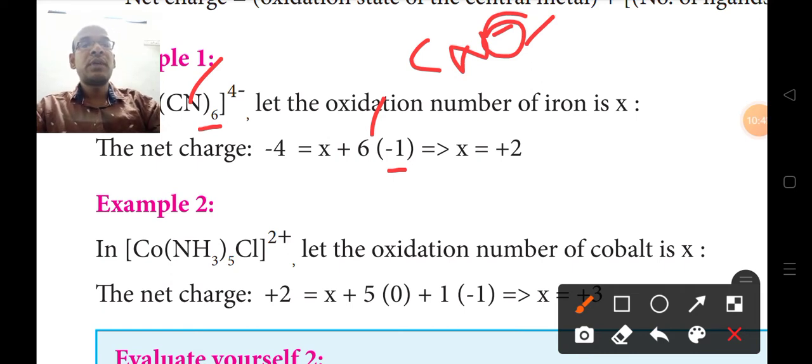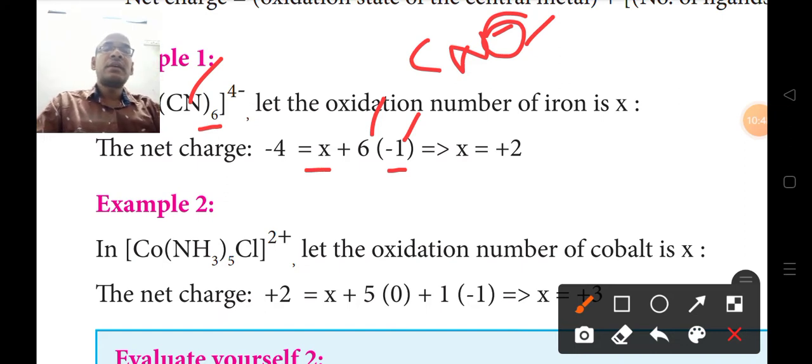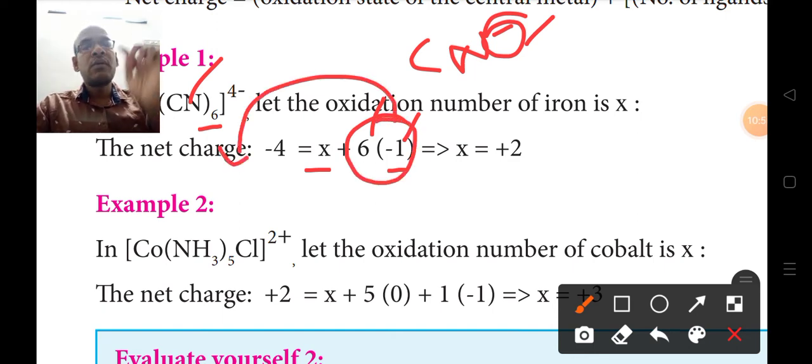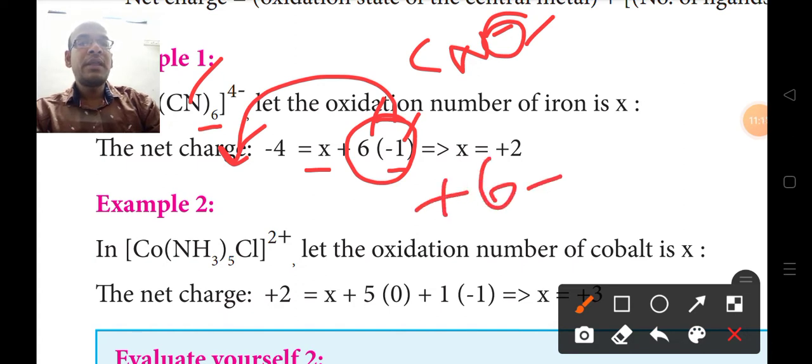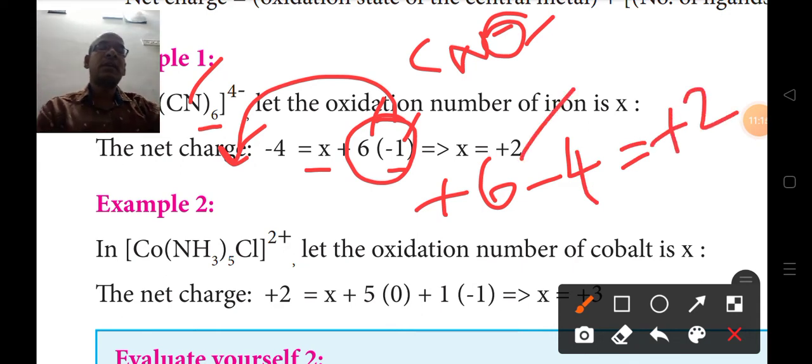Now to get the oxidation number of the metal ion, this minus 6 goes to the opposite side, we get plus 6 minus 4 equal to plus 2. That is the oxidation state of the central metal ion.